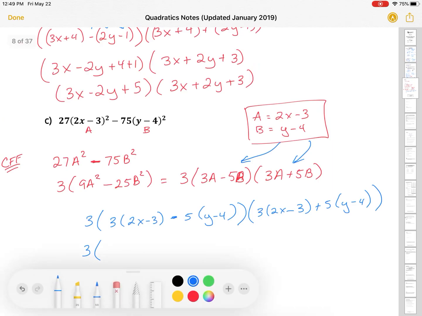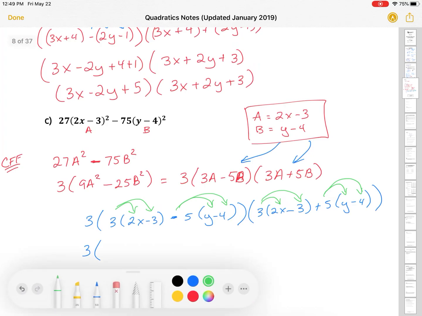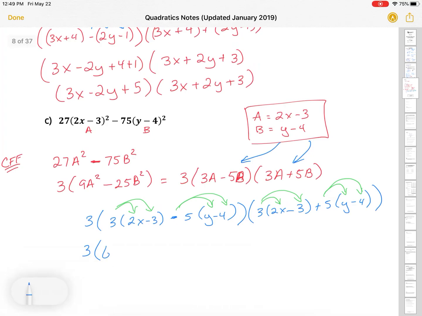So 3, here we expand. We're going to expand by distributing, right? Same thing here. Distribute and distribute, okay? So once we do that, we get 6x minus 9 minus 5y plus 20. Don't forget those negative signs.